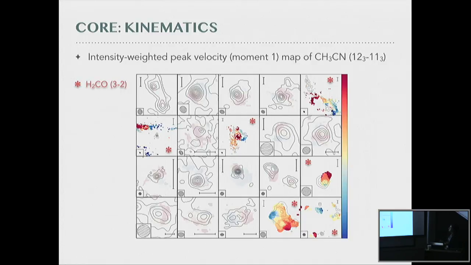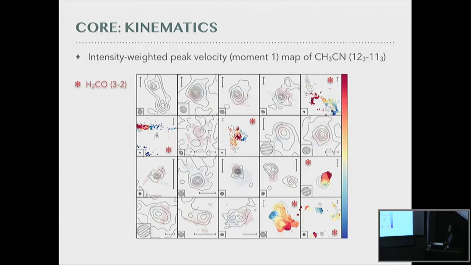So for these, I'm actually showing the moment maps for formaldehyde, which is a more diffuse tracer. And in these cases, we're not able to detect any emission on the position of the cores, really. And for these special cases, we have to study whether these objects are perhaps at a different evolutionary stage than the one we were looking for.